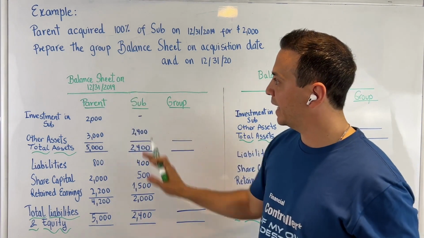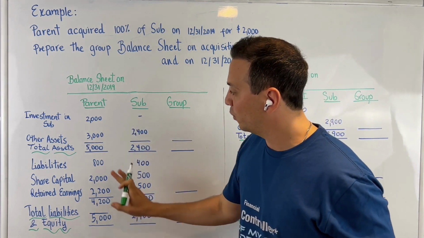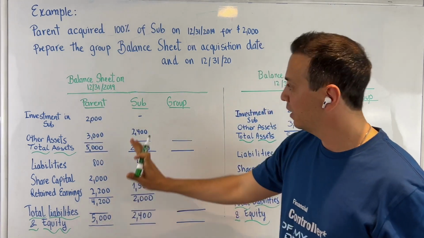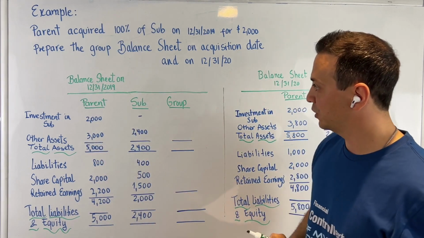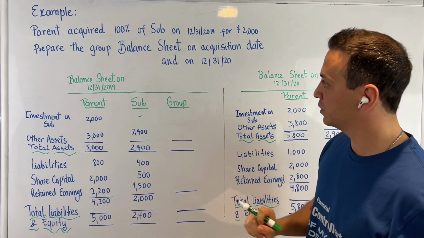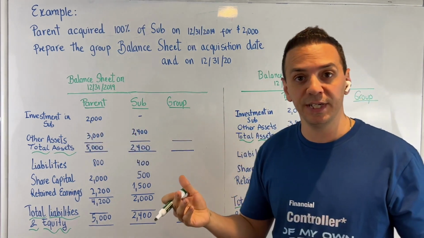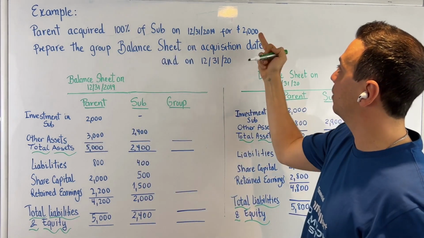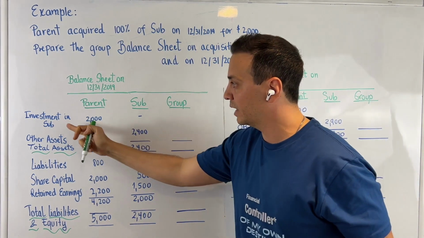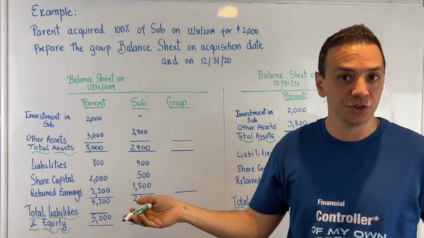So when we look at the balance sheet for the parent and the sub on the acquisition date, we have a standalone balance sheet for the parent and a standalone balance sheet for the subsidiary. And we'll go here and write down the combined results. So for the parent, we have investment in sub, $2,000, which is pretty easy, right? We bought the company for $2,000. We record an investment in the sub for $2,000, debit to investment, credit to cash. Pretty simple, right?